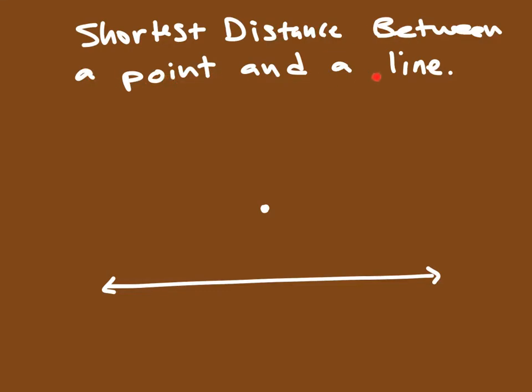Now, the next thing I want to talk about is the concept of the shortest distance between a point and a line. So I have a point here and I have a line, and we want to figure out the shortest distance between this point and this line. Any distance between this point and a point on that line gives us a bunch of different options, but the shortest is the one that makes a 90-degree angle.